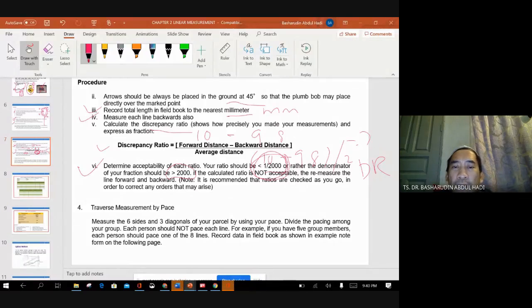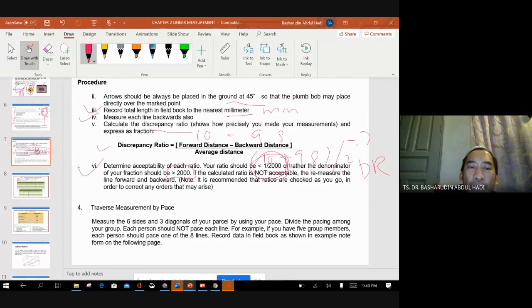If the calculated ratio is not acceptable, remeasure the line forward and backward. Note it is recommended that ratios are checked as you go in order to correct any error that may arise. Your discrepancy ratio should be less than 1 over 2000.